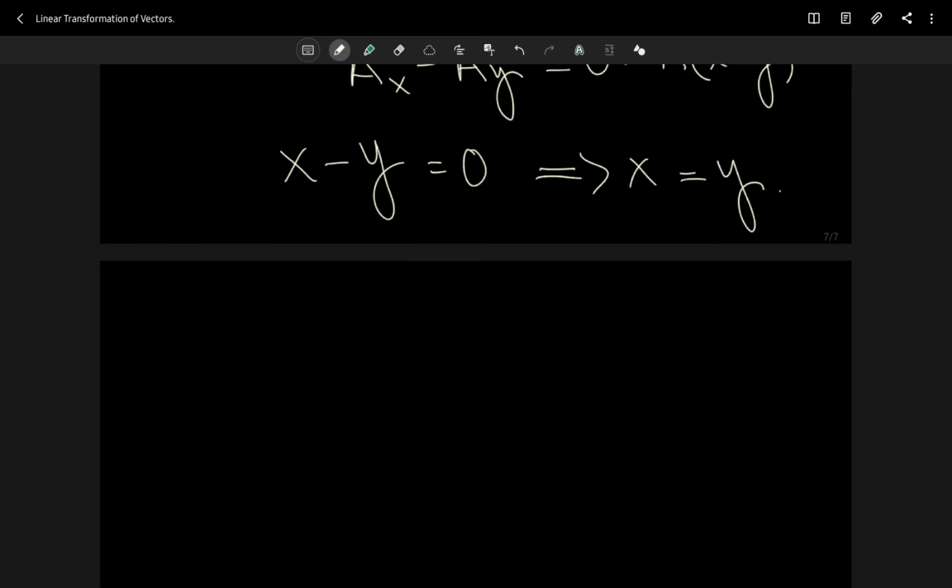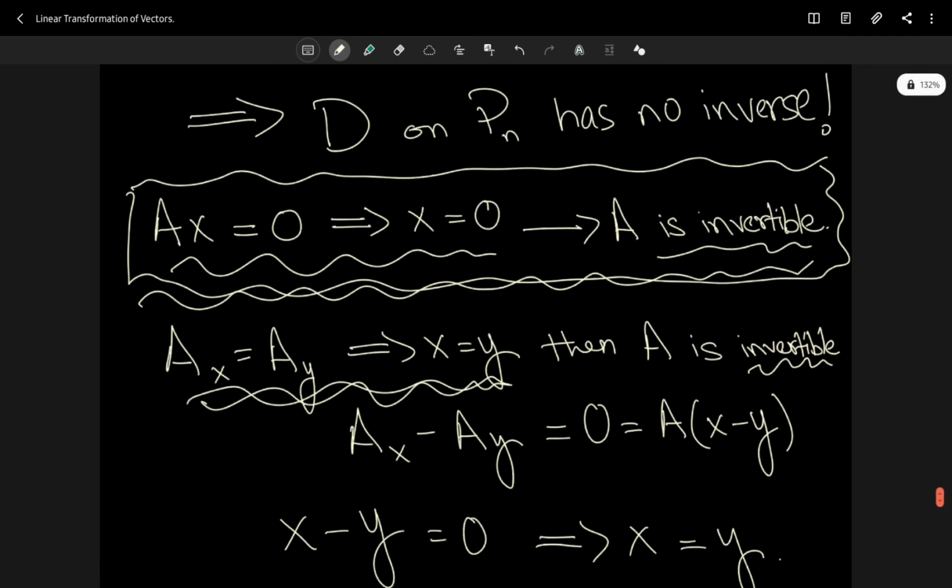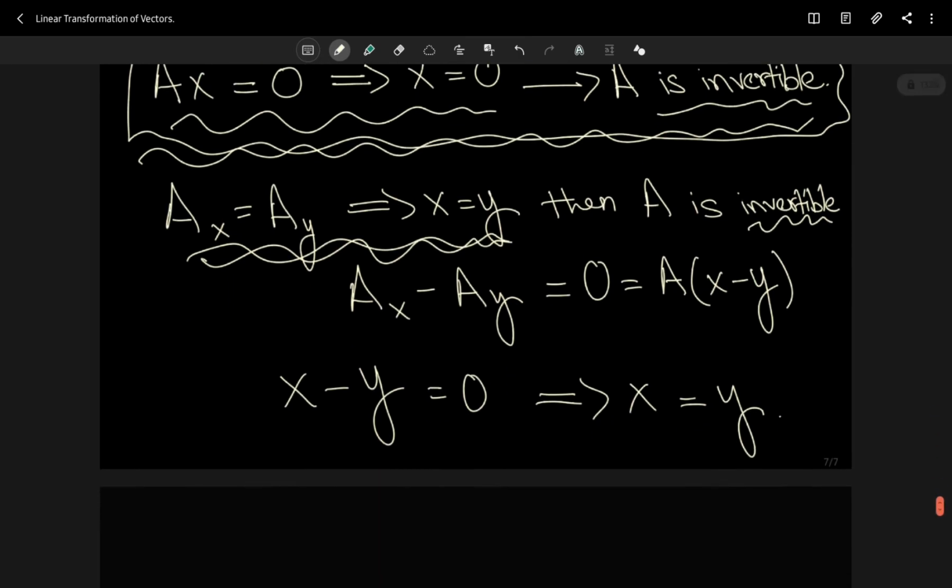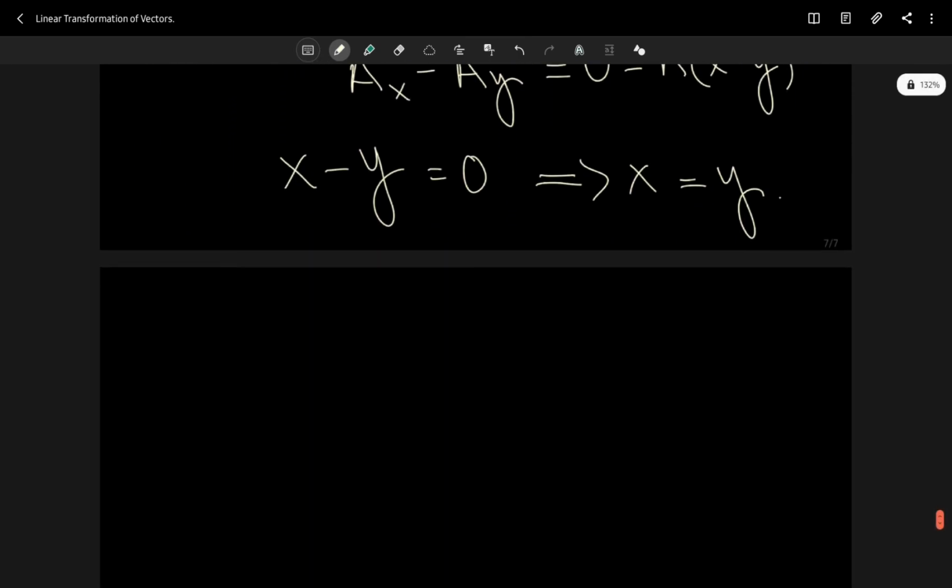Now, for finite dimensional vector spaces, it turns out that either part A of our definition or this theorem that I just proved, which is also injectivity, is sufficient to determine if A is invertible.